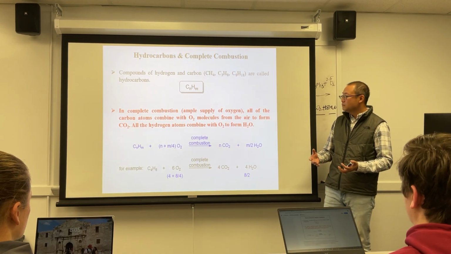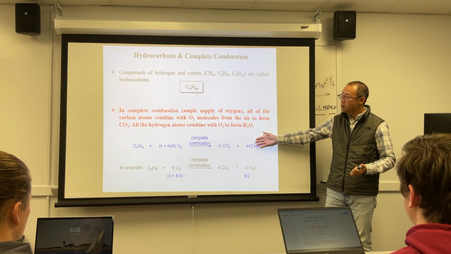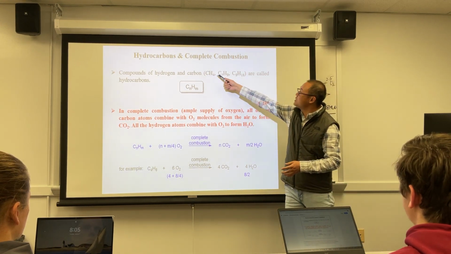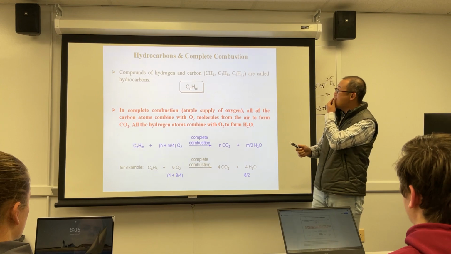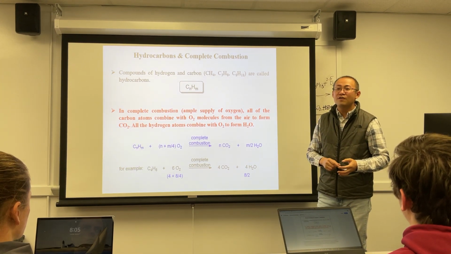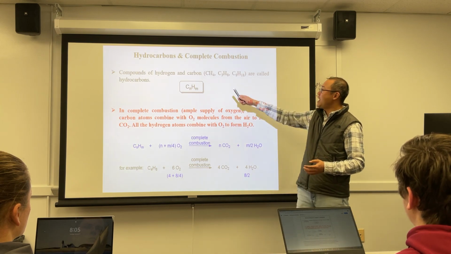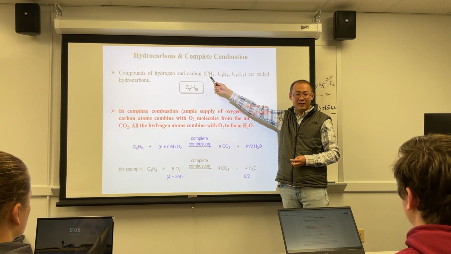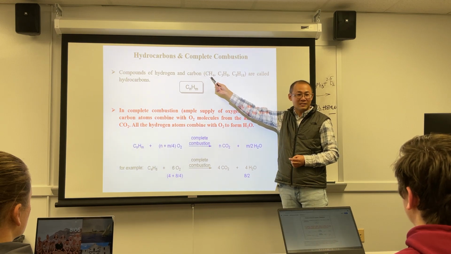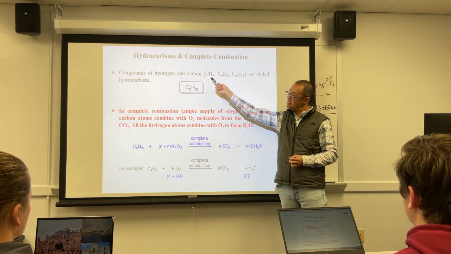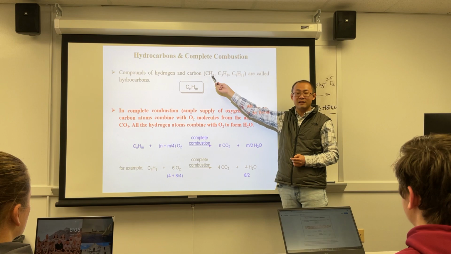Now, why do we study this? Because those three substances we've just seen are the commonly used fuels we use every day. This guy, called methane, is natural gas when you go cooking. If your house has natural gas, this is what you're burning every day.